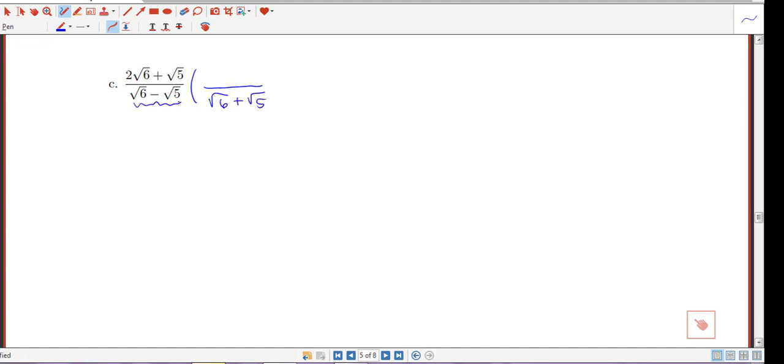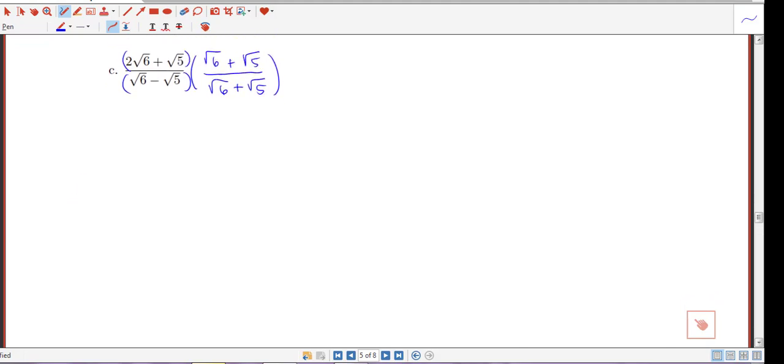That will be the conjugate of square root of 6 minus square root of 5. Whatever you do on the bottom, you're going to do the same thing on the top. Please note that you're going to have to pretend that there are parentheses here because you're about to FOIL this.